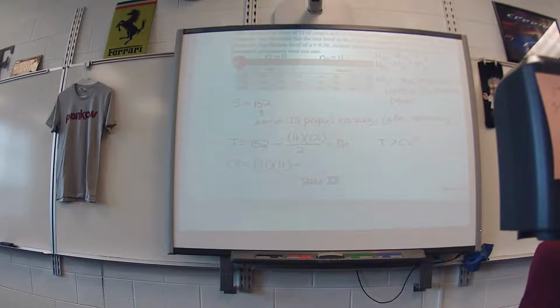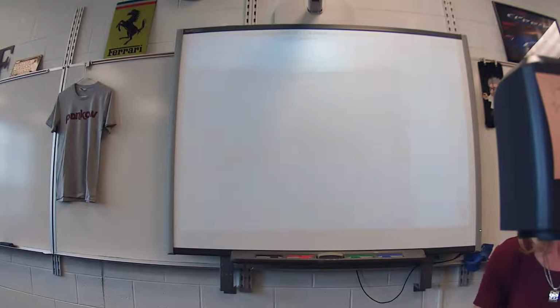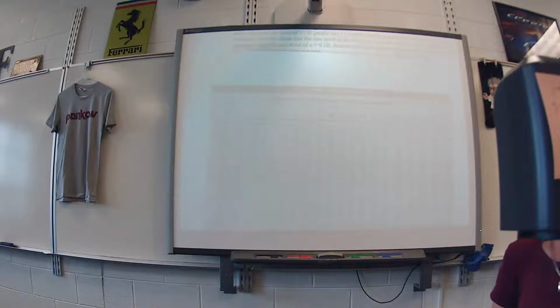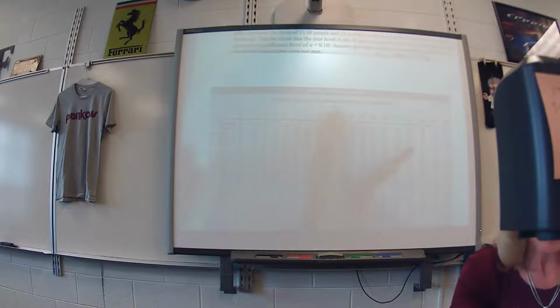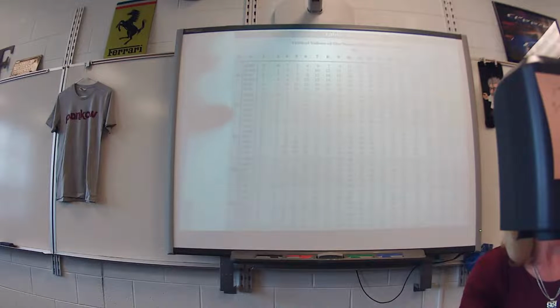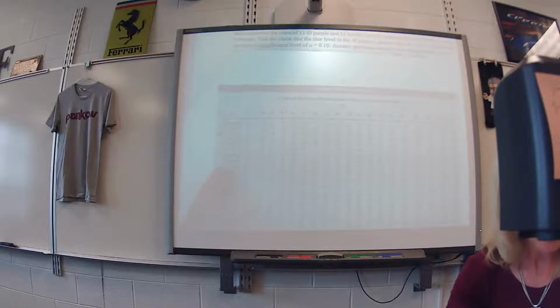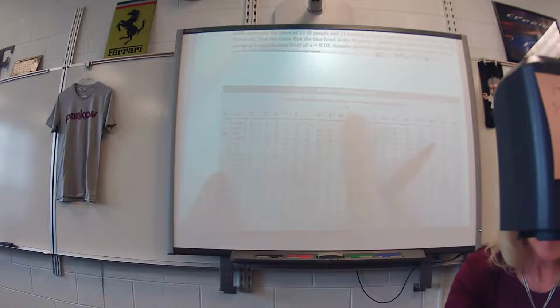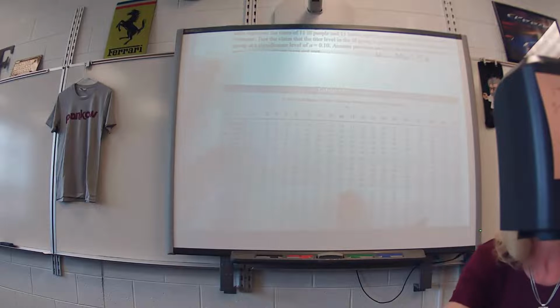It's labeled table 12 Mann-Whitney. You're going to be on the second page of the table because we have n sizes across the top and n sizes down the side. So we have both our 11. So I need to be in this column. And we are doing a 10% level of significance, which gives us a 41.